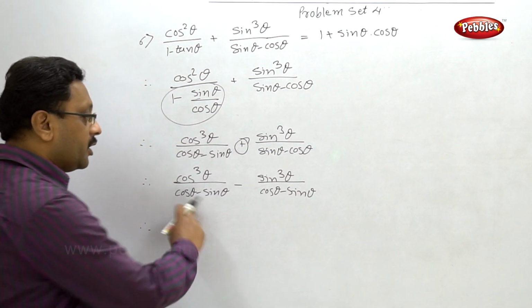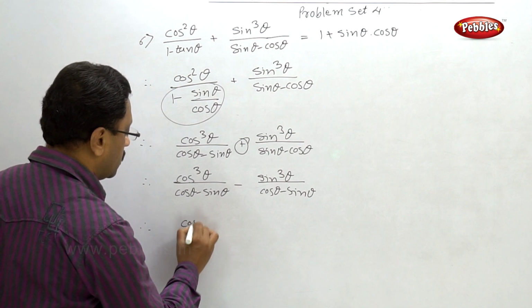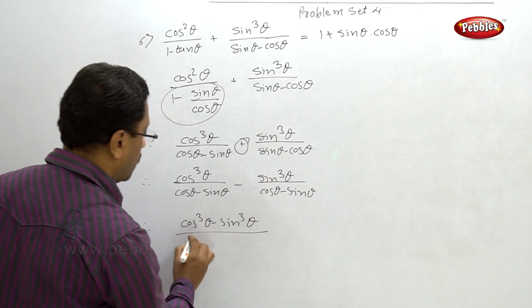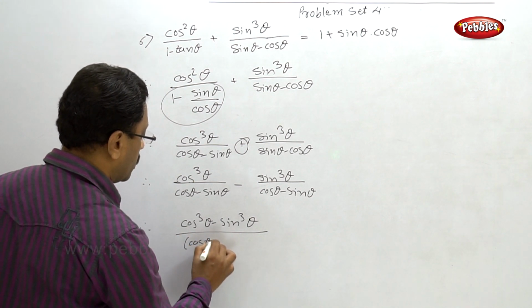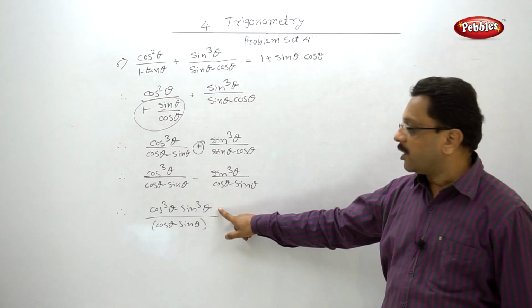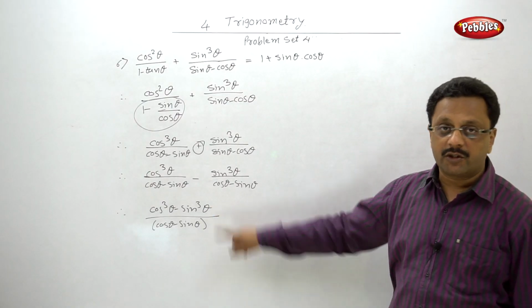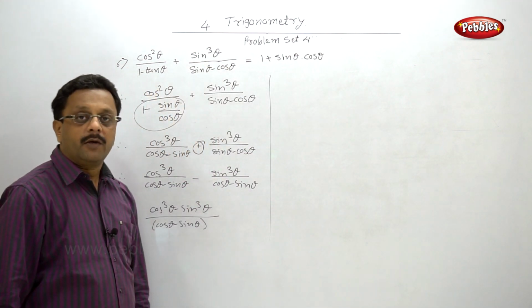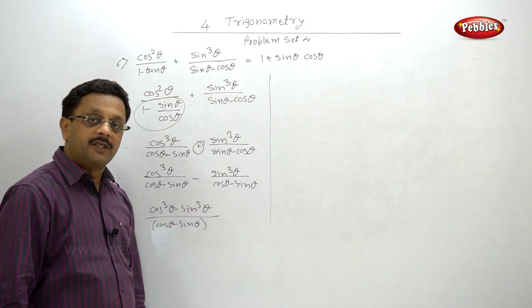Correct? And from here what I'll get? Cos cube theta minus sin cube theta upon cos theta minus sin theta. This is similar to your a cube minus b cube expansion, which is nothing but a minus b into a square plus ab plus b square.